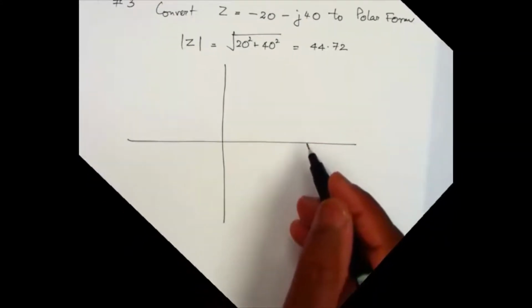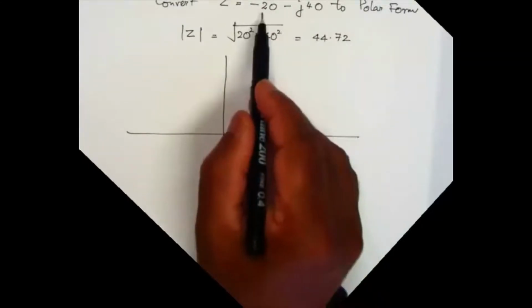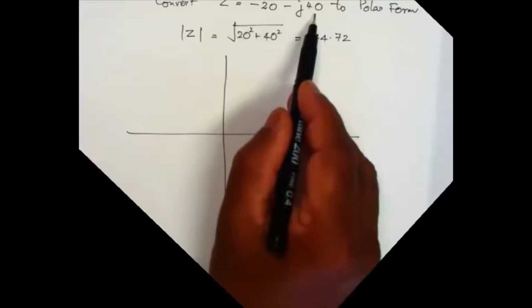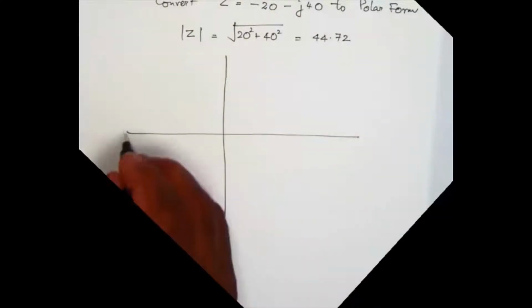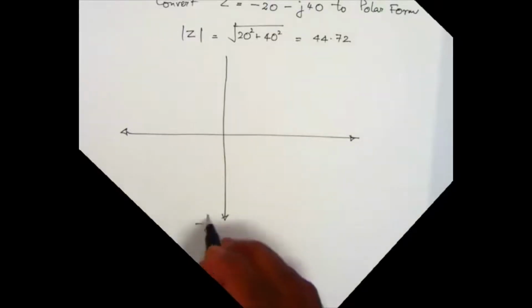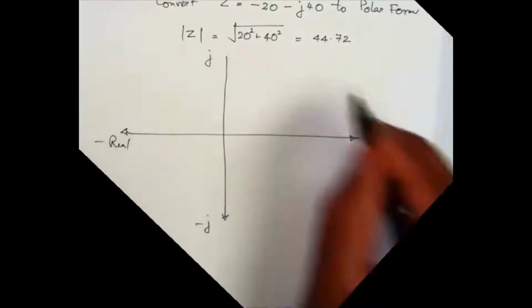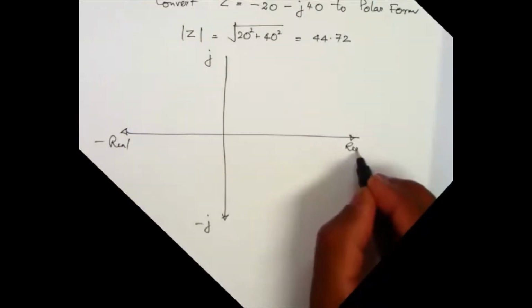We can see this is negative and that is negative, that means both the real part and the imaginary part are negative, so it should lie in the third quadrant.